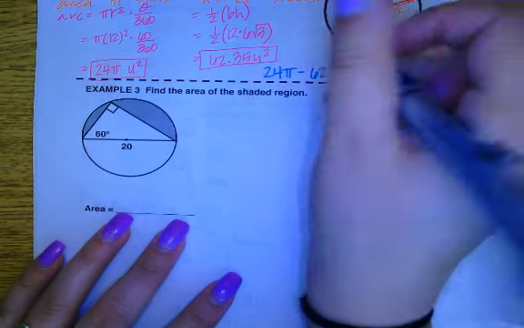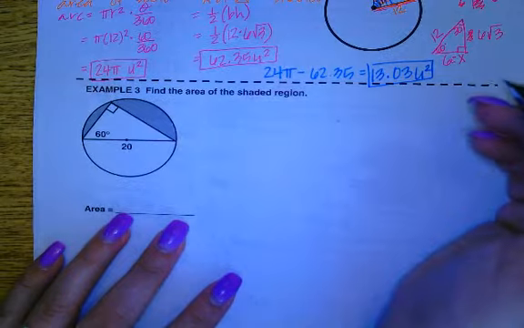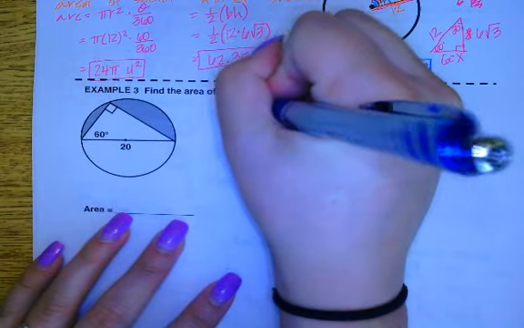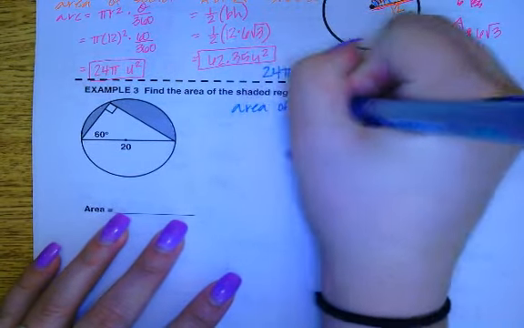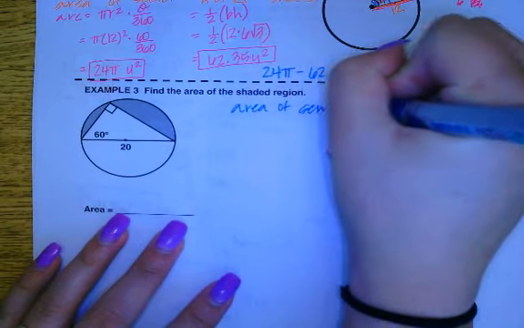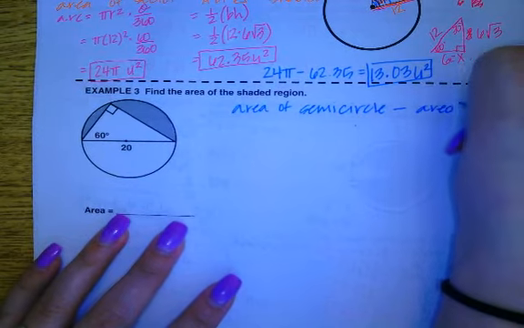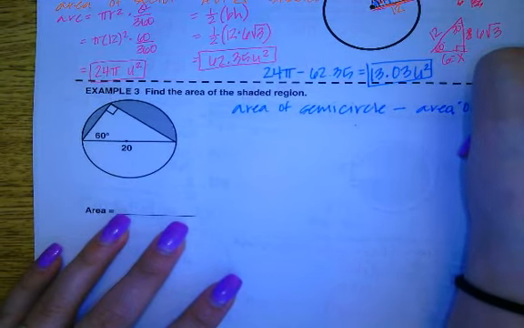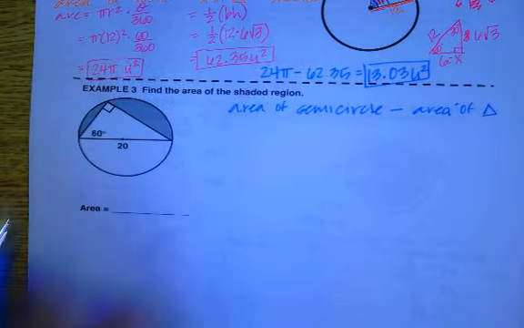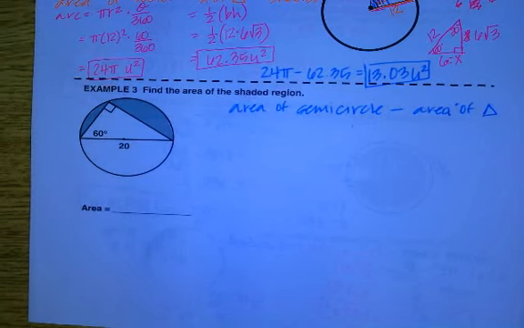Semicircle. So, area of your semicircle, subtract the area of your triangle. You guys work on that. It's very similar to the problem we did in number 5. Yes, your semicircle is the sector. It just so happens to be the shape of a semicircle.